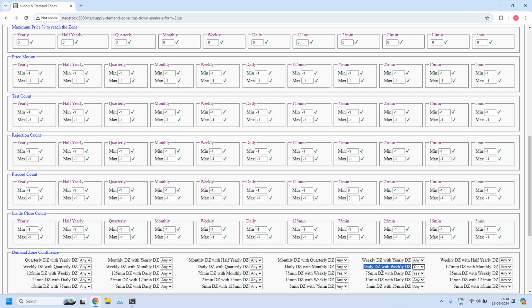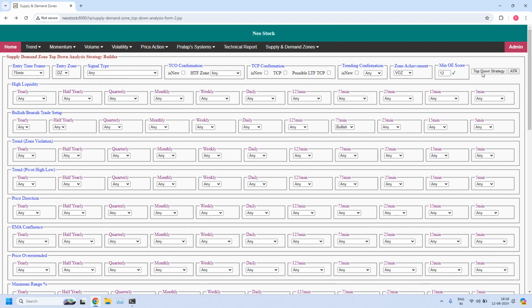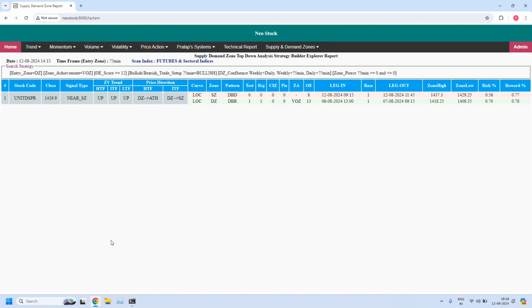That means 75, daily and weekly, all 3 confluences. 1 stock is filtered. So only 1 stock is having confluence with LTF, ITF and HTF. So this is about bullish trade setup for weekly income trade.